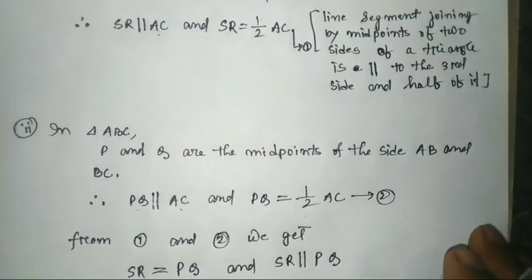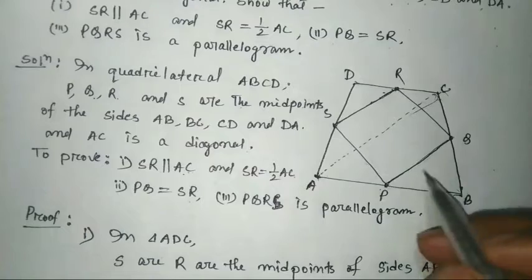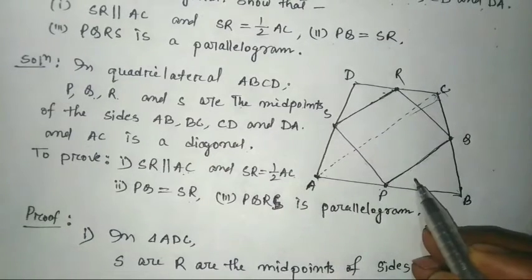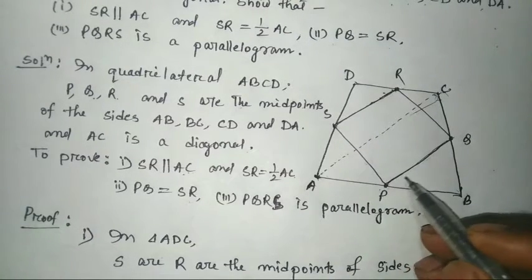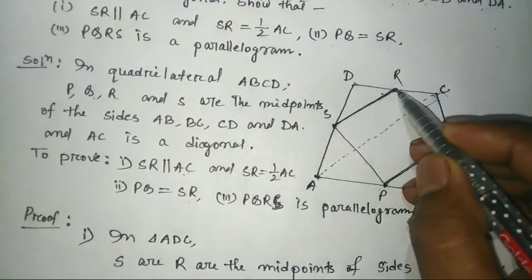It is necessary because in the third question we need to prove that PQRS is a parallelogram. So here you see, we got that PQ is equal to SR. We have just proved it.